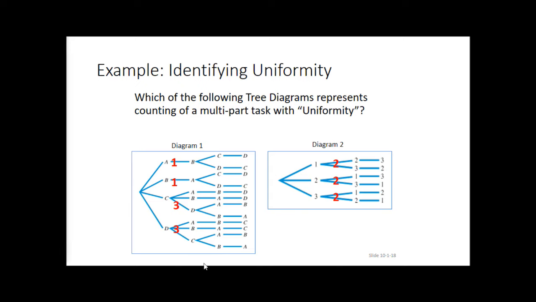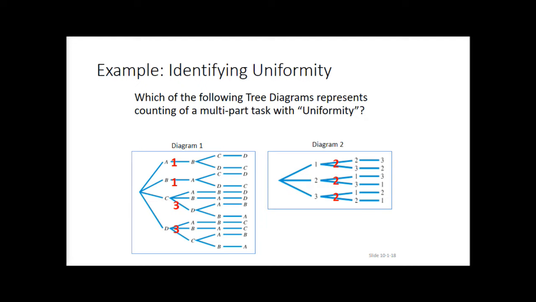Okay. So hopefully you can see it well enough to see that the one diagram has uniformity and the other one does not. Which diagram, diagram 1 or diagram 2, has uniformity? Very good.